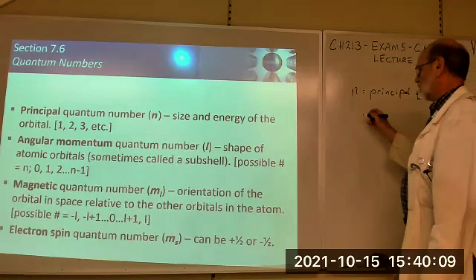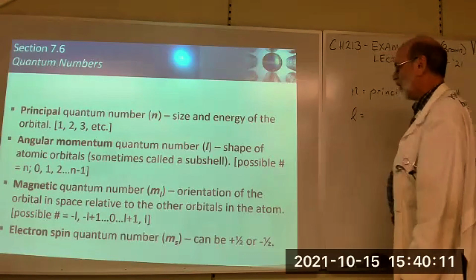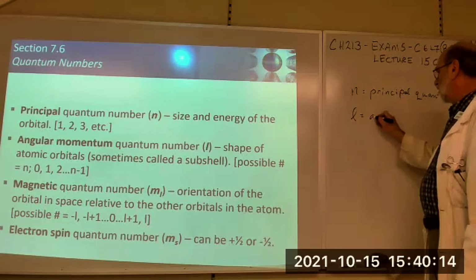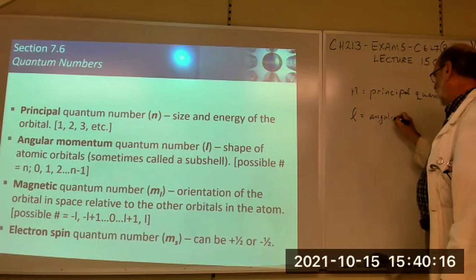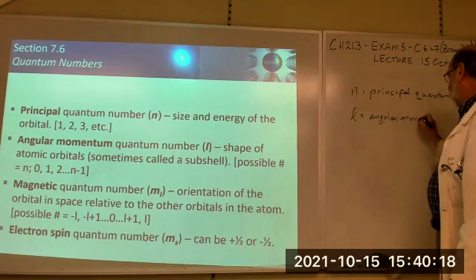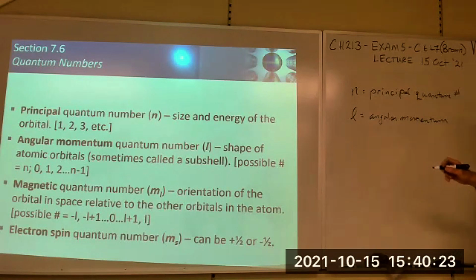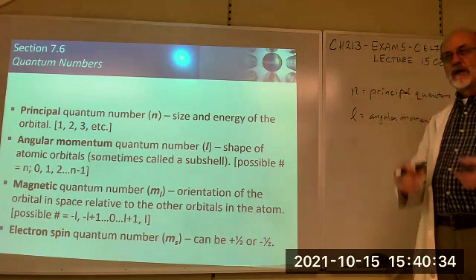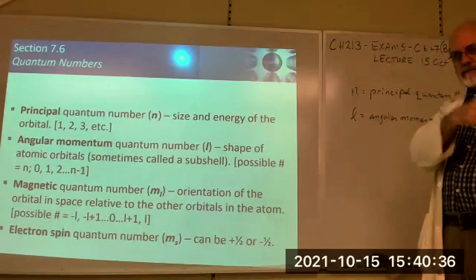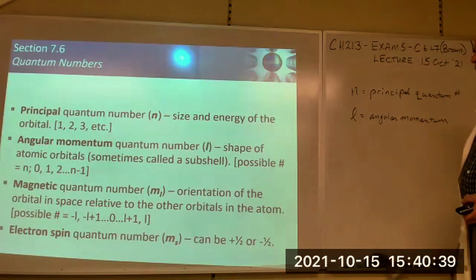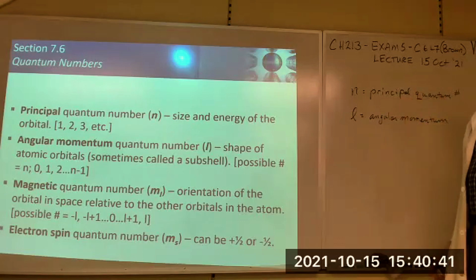Then you have the L number, the angular momentum quantum number. This one describes the shape of the orbital. Sometimes it's called the subshell. The shape could be spherical, some of them look like dumbbells, and some of them look like donuts.